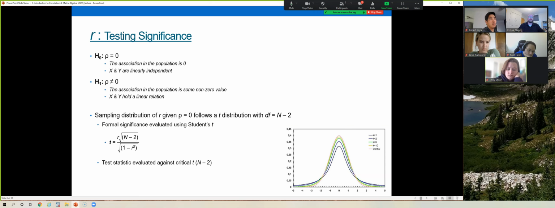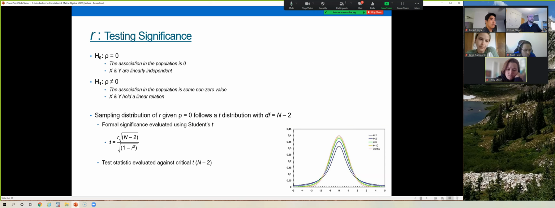Okay, so assuming that X and Y have no association in the population, that the null hypothesis is true, the distribution of our correlation coefficients is going to follow that nice t-distribution that we all know and love.